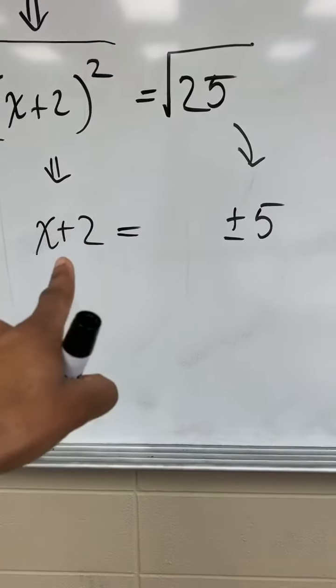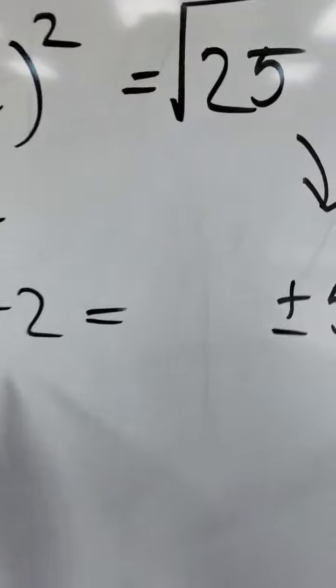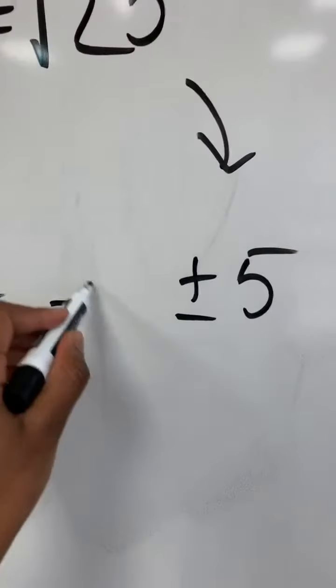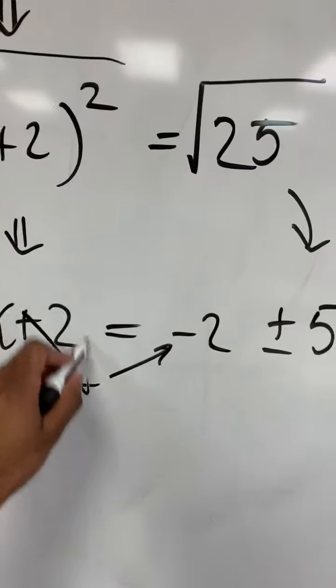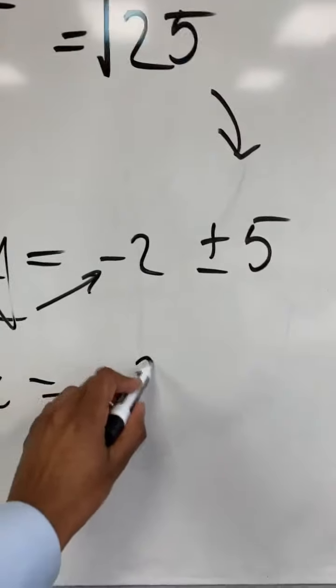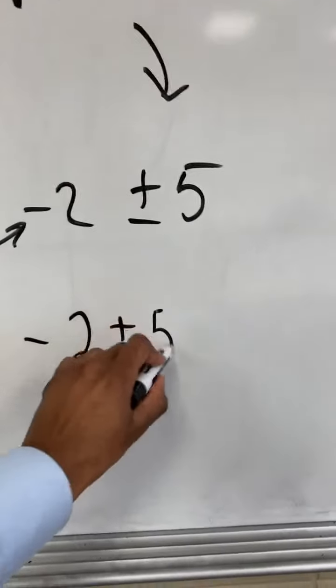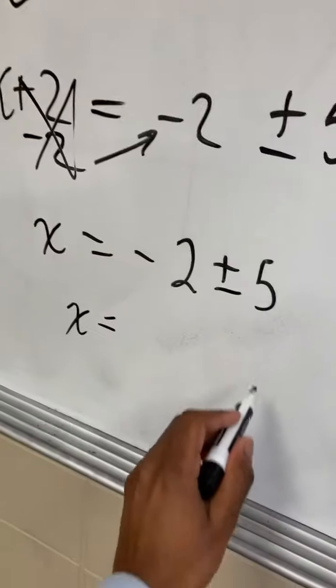Now, this plus 2 can be subtracted to the other side, and what I get is a minus 2, and a minus 2 there. That allows me to get rid of it over here. And what I have is this funny looking statement that basically gives me 2 different solutions.